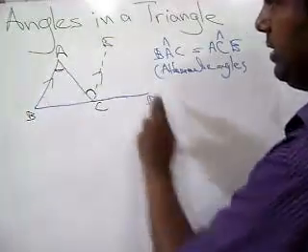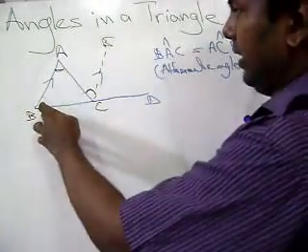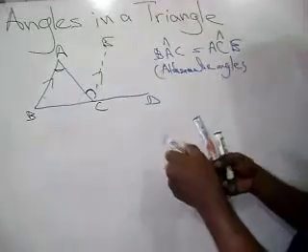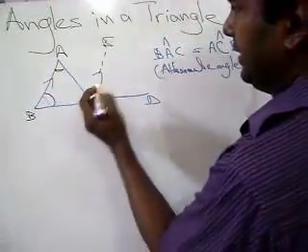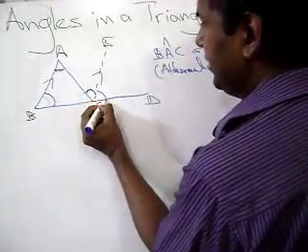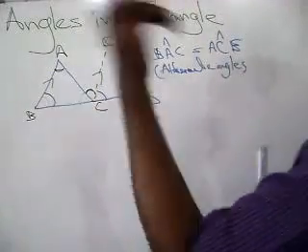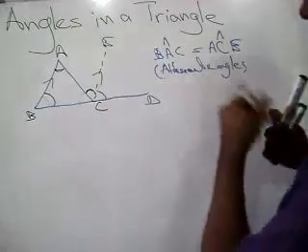Then we have ABC. ABC is equal to ECD. Why? They are corresponding angles. So let me write that also.